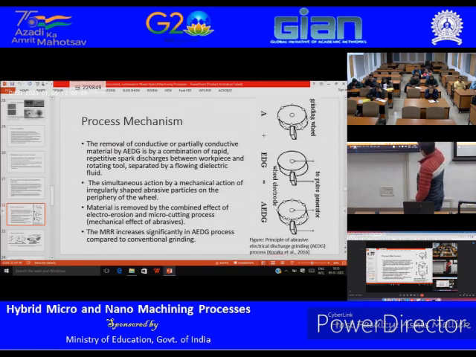So that's the abrasive mechanism. Then for EDG, again, you just connect those with the pulse generator, and then you supply the electrical sparks, and it will remove the material. And when you combine those two, you are getting abrasive electrical discharge grinding.